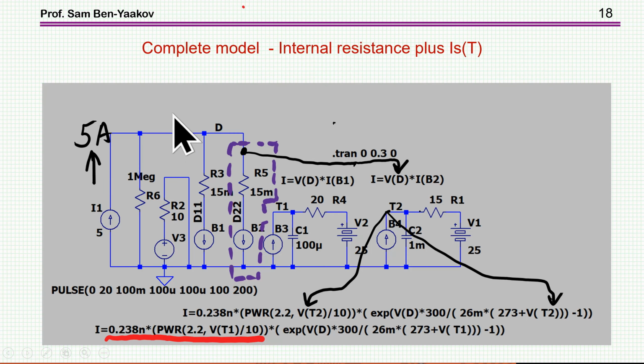We are now ready to complete the model, adding the two additions. One is the internal dynamic resistance, and the second one is the dependence of the reverse saturation current on temperature and the updated value. I've also switched from a voltage source to a current source because I've experienced some convergence problems with LT-Spice with the voltage source.